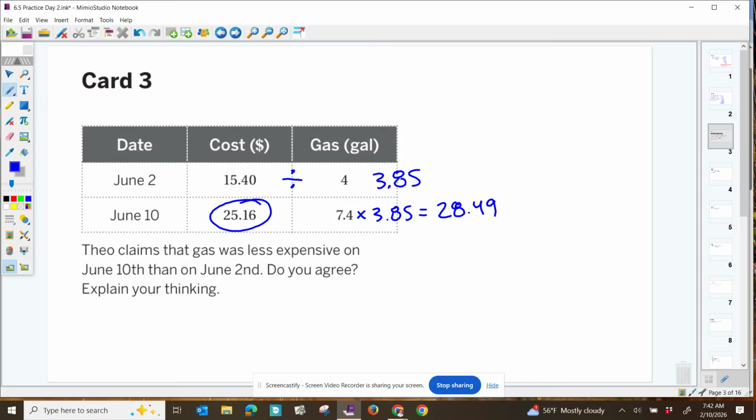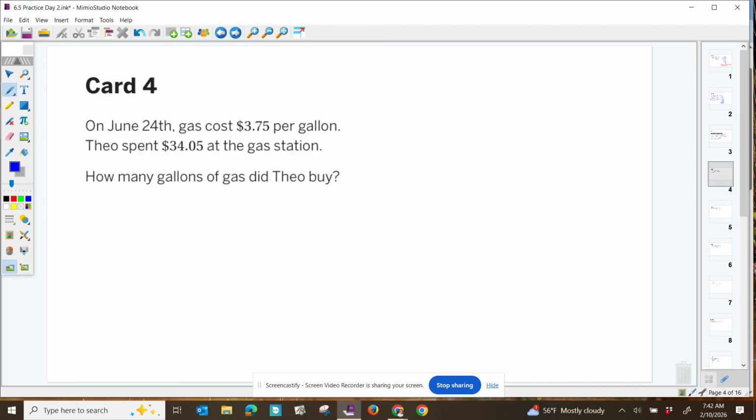This 25.56 is way cheaper. So he claims it was less. Yes, totally was. So this was card 1. This was card 2. Here he goes with the 3.75 Theo spent.